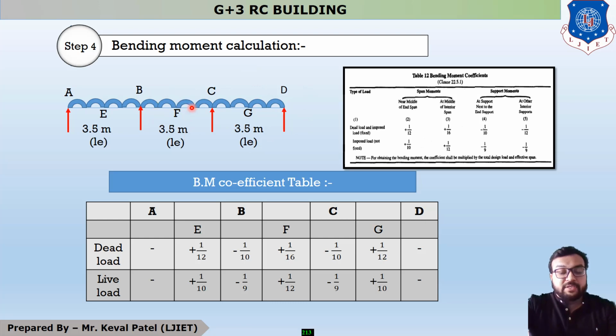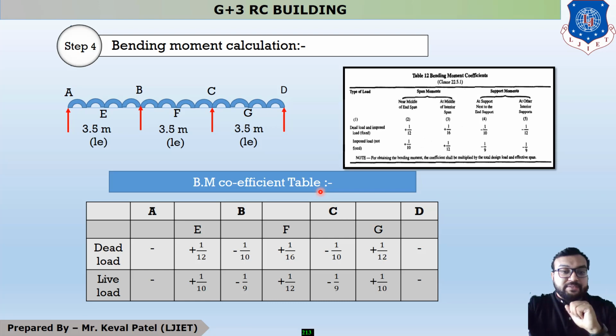So for F span, your condition is at middle of interior span. For this, your dead load coefficient is plus 1 by 16 and your live load coefficient is plus 1 by 12. Okay, so students, this is your bending moment coefficient table.